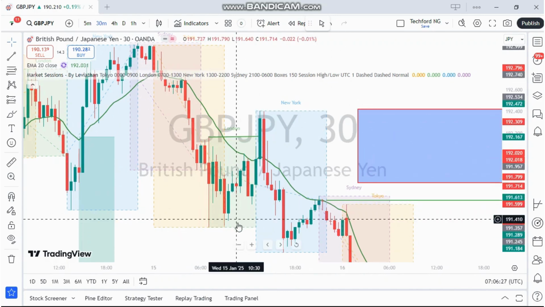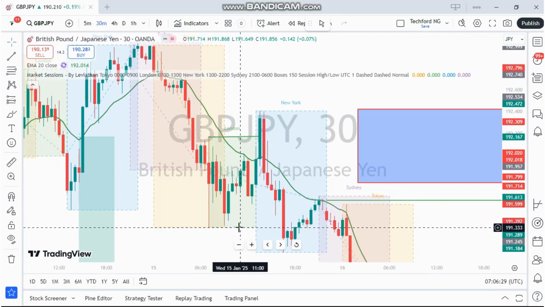Now, there are some liquidities that are not valid, if I should use that word, meaning even if market swept that liquidity, market will not reverse, right? Market will keep going. These liquidities are not valid. That is why it's important to understand candlestick patterns, so that when liquidity has been swept, you know if what you're seeing is a reversal pattern, right?